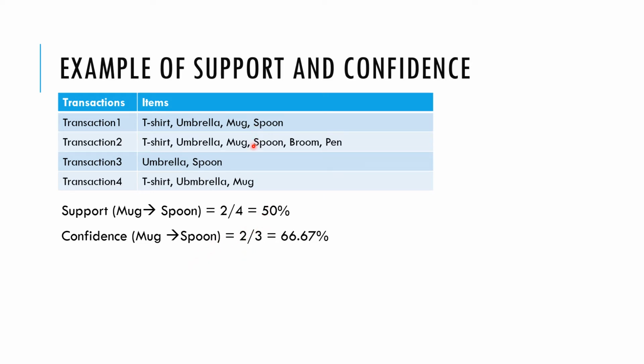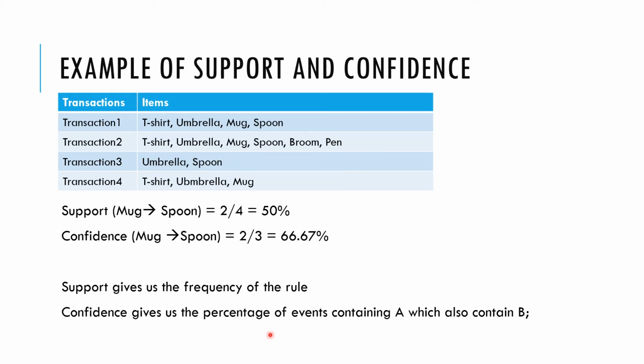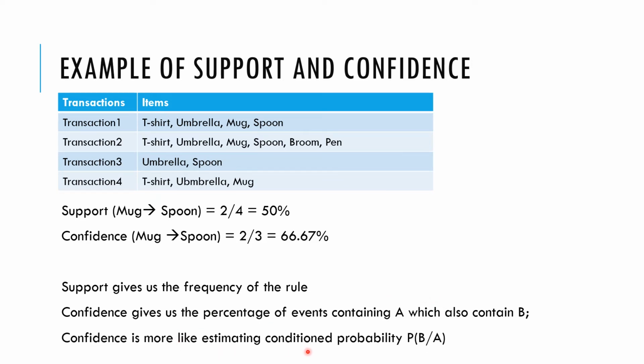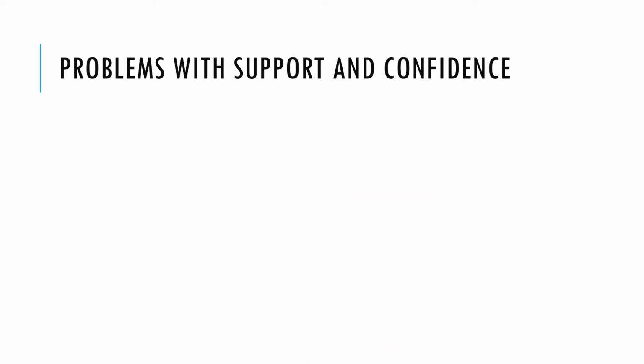Only 2 times. So 2 by 3 gives us confidence. Support gives us the frequency of the rule, and confidence gives us the percentage of events containing A which also contain B. Confidence is more like estimating the conditional probability of B given A.